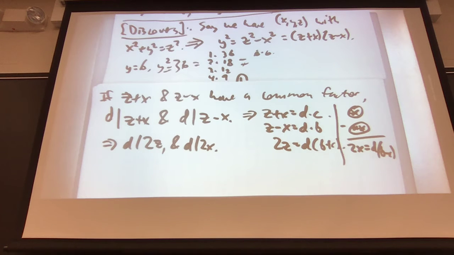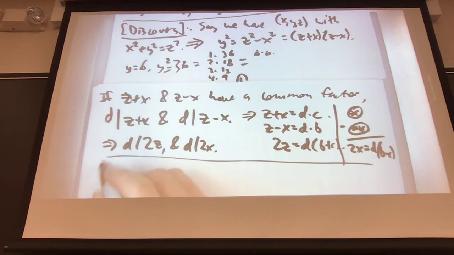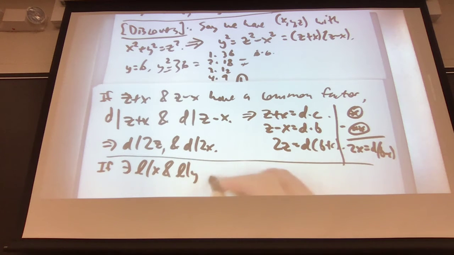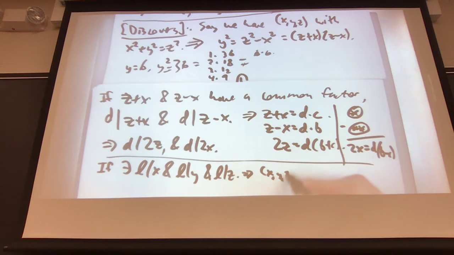So, for example, if there does not exist a number, let's call it L, dividing x and L dividing y and L dividing z, that's what it means to be primitive, right? Then x, y, z is primitive.